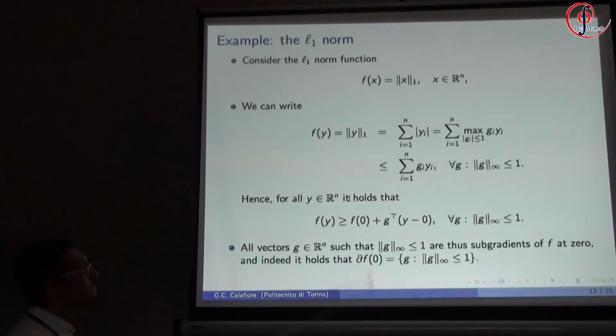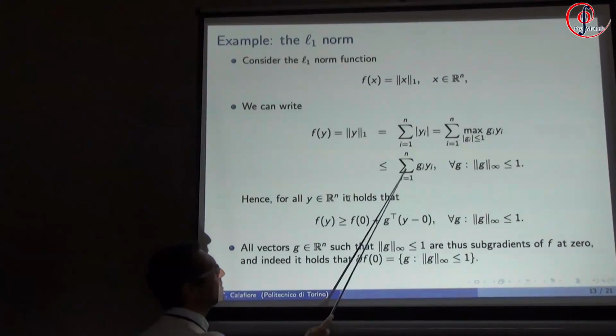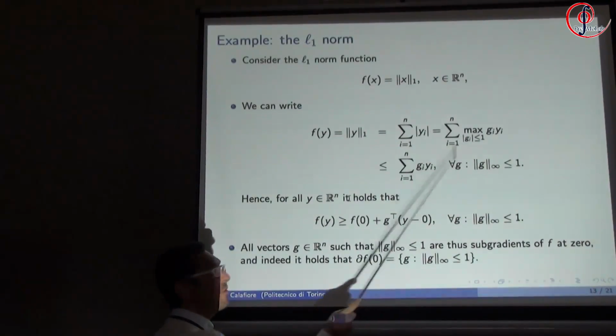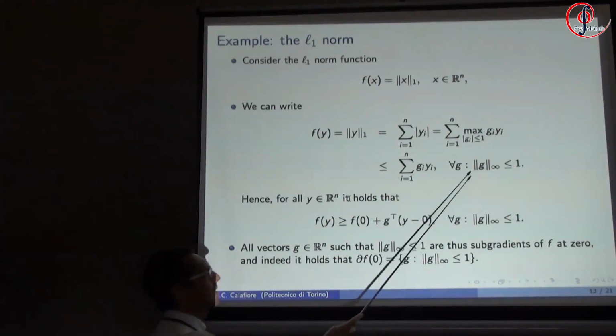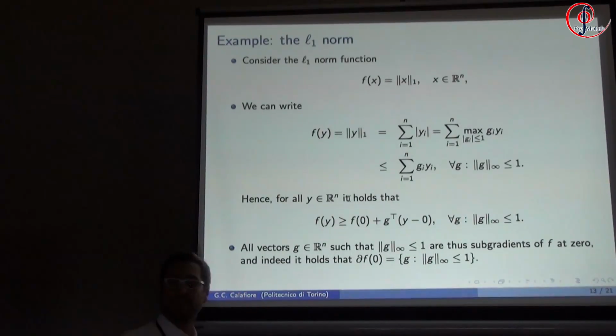This inequality is true for all vectors g bounded in the L infinity norm by 1. L infinity norm means just that each element of the vector is bounded in amplitude by 1.